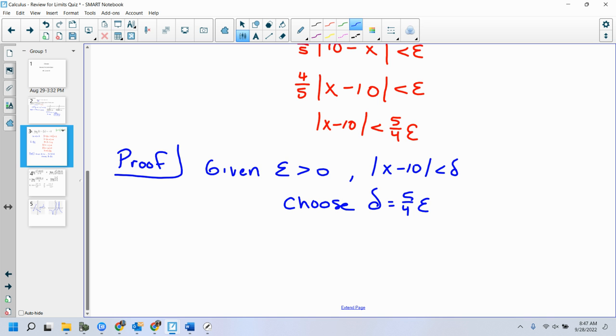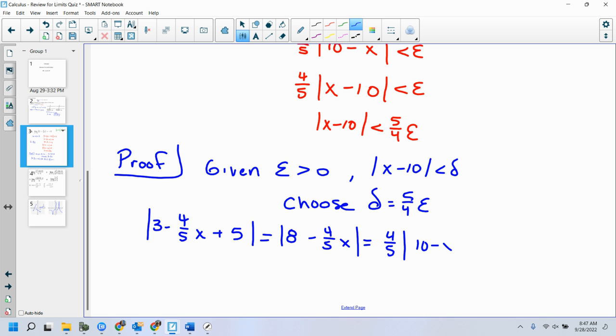We know that 3 minus 5/4, 4/5 x, plus, you could say minus a negative 5, but I'll just put that as plus 5, is equivalent to 8 minus 4/5 x, which was equivalent to 4/5 absolute value 10 minus x, which was equivalent to 4/5 |x minus 10|.